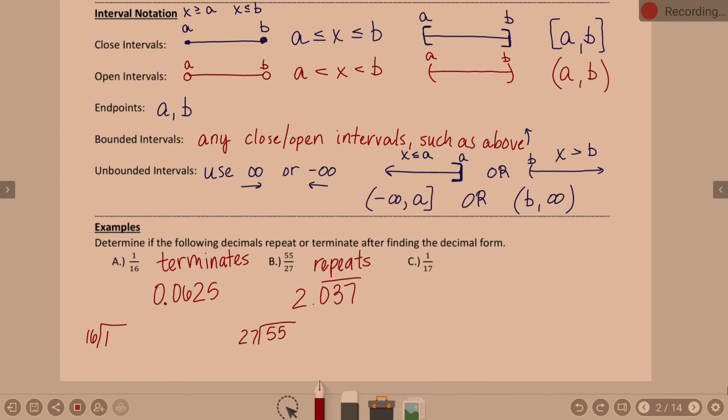What about C? What about 1/17? Terminates. How do you know? Because it doesn't repeat. Okay. Do we know that for a fact? I think. Valid answer.